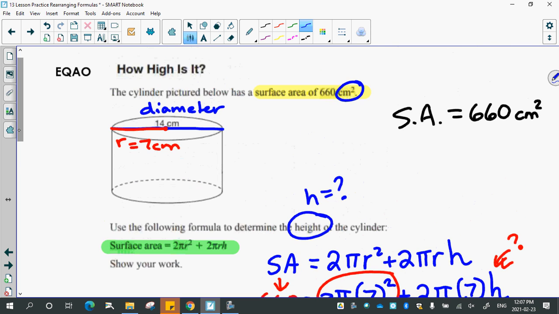Centimeters squared means there's 660 little 1 by 1 squares that make the surface area. You don't square the 660. These are the units of area. Area's units are square centimeters. Okay? If it was written like this, then you would square the 660. But the squared is on the centimeters part, it's the units. Okay?